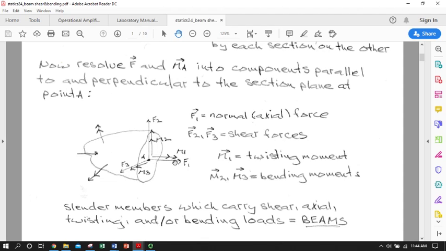M sub 1 as a moment will make the body twist around the axis that is longitudinal here, and then M sub 2 and M sub 3 will create flexion or bending out of plane of the paper and then in plane with the paper.